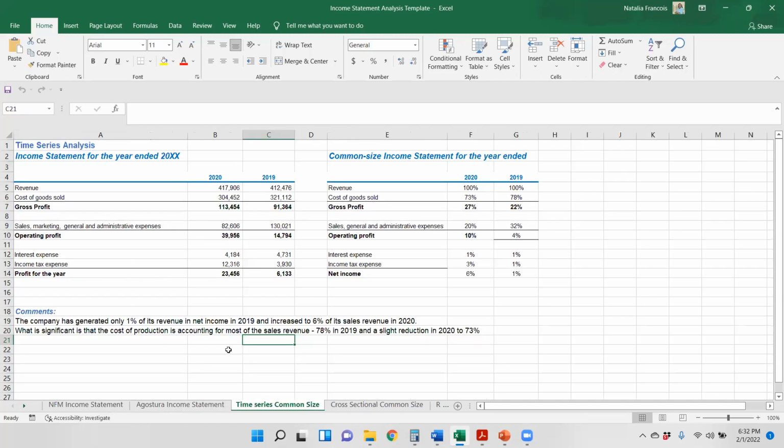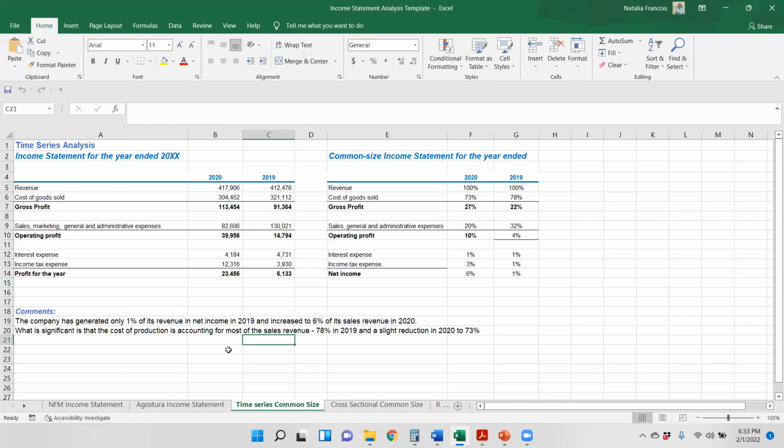How do I perform a time series common size analysis? So here I have these items. Now I pulled these items and I want you to do the same thing, because some statements could be very long and give you a lot of information. We don't want all that information. We just want the revenue, cost of goods sold, gross profits.